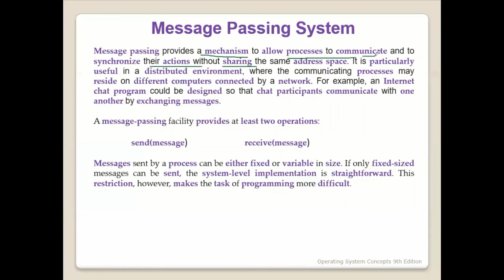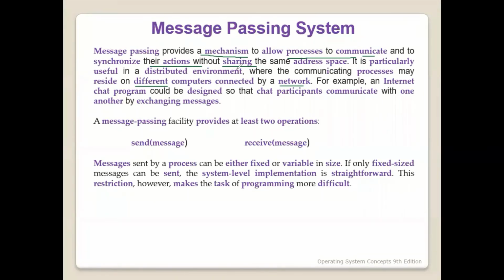Let's assume that you have distributed computing. In distributed computing systems, this type of communication is very useful, where the communicating processes may reside on different computers connected by a network. So this is the idea of message passing.